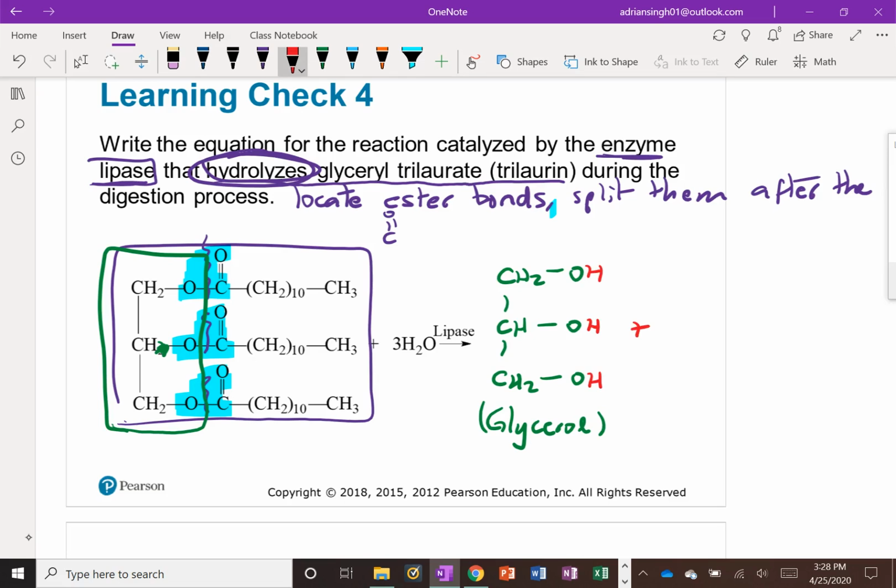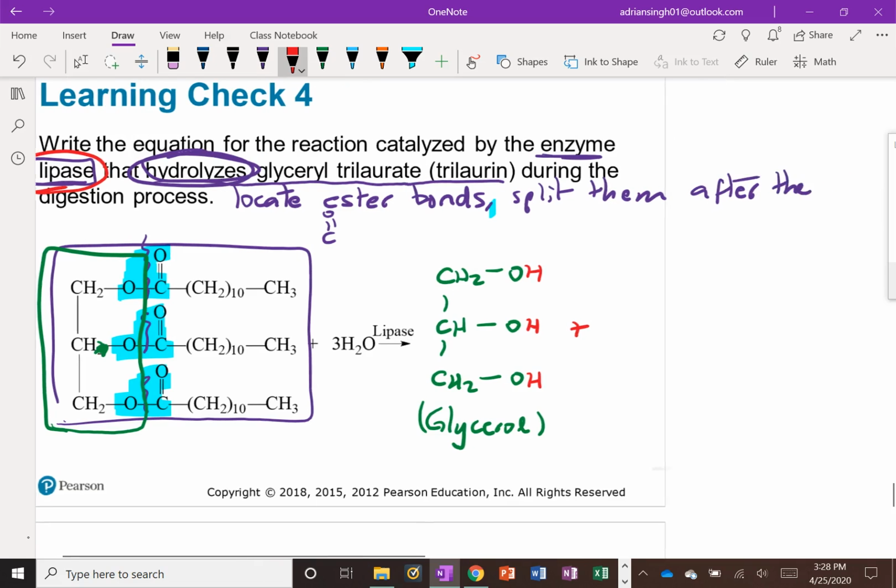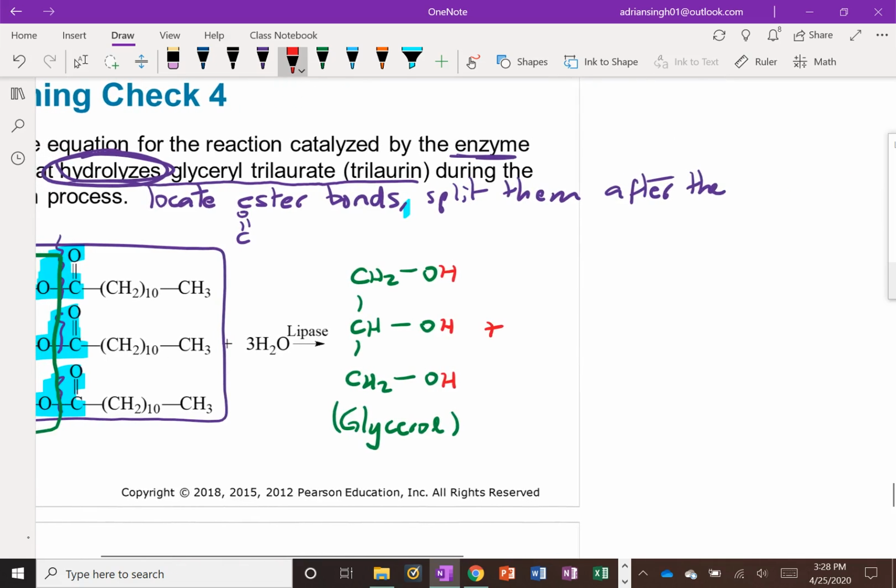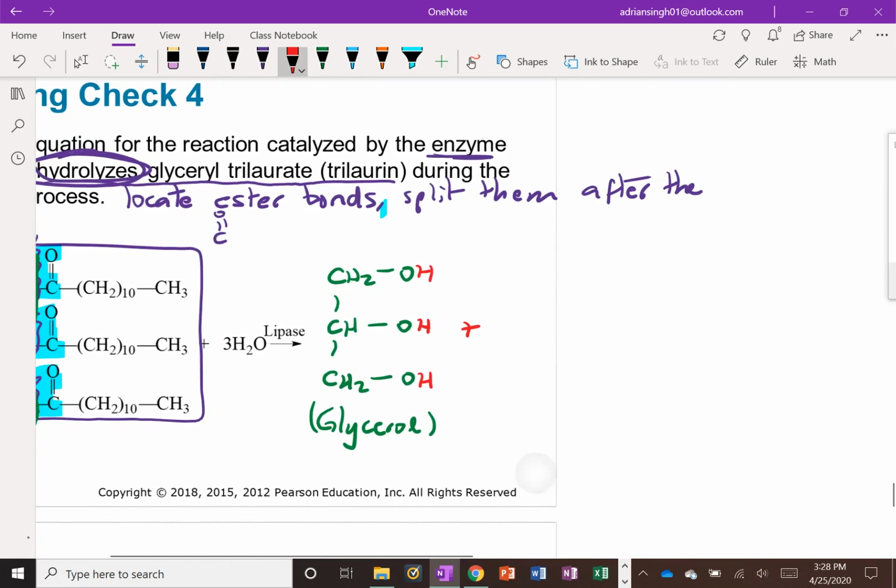And then the other product. Think about this: using lipase as the enzyme, we should also get the carboxylic acid or the fatty acid, right? So those are the products for lipase digestion. So let's just see what we have, and we're going to draw each of those individually.